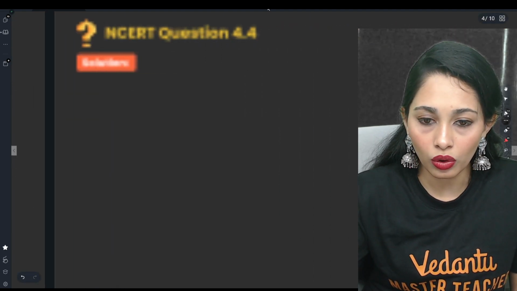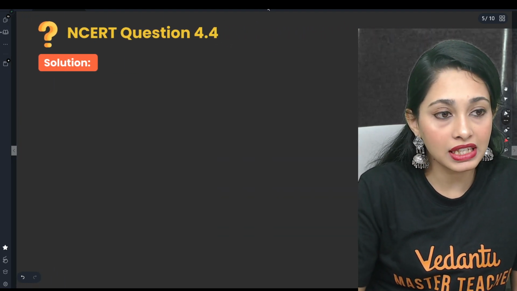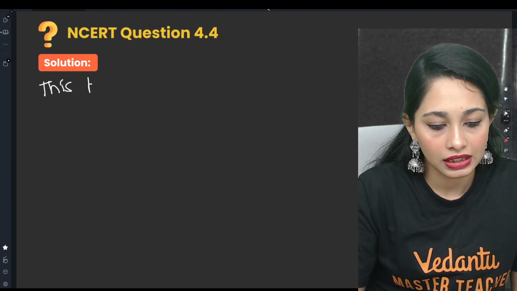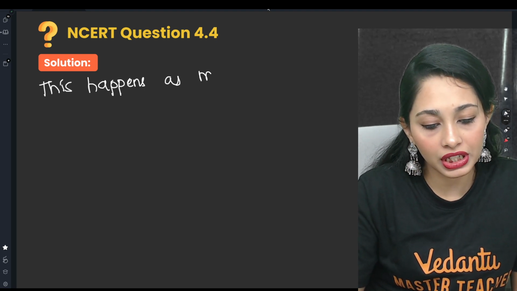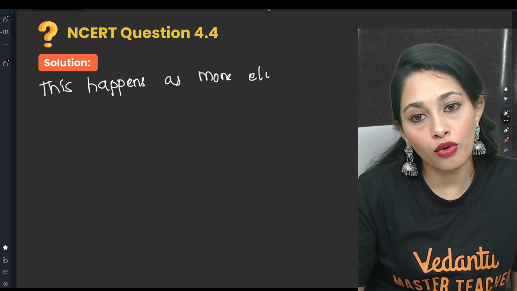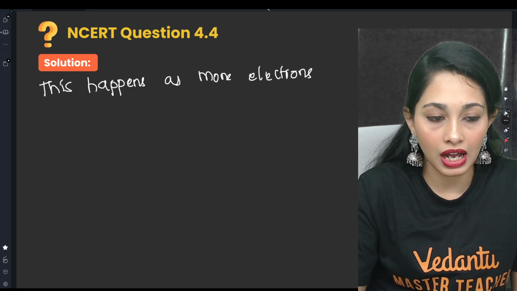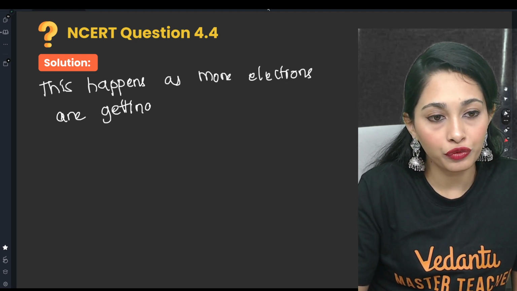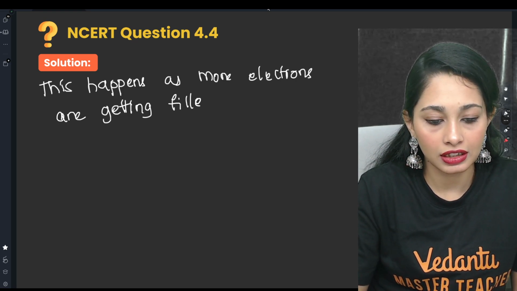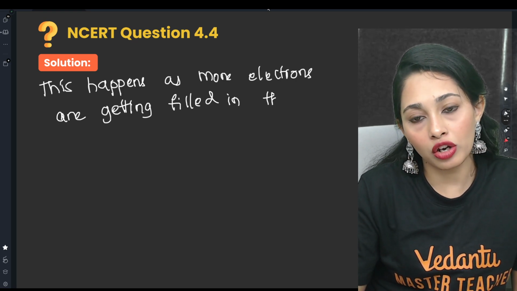So why does this happen? This happens as more electrons are getting filled in the d orbital.